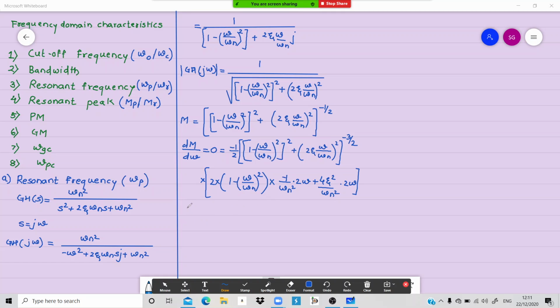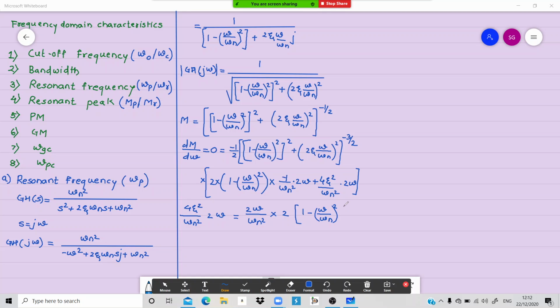So what I can write, 4 zeta square upon omega n square, 2 omega is equal to, I'll just combine all these things, minus will not be there because it had gone, so it is going to be 2 omega n square into this term 2 into 1 minus omega upon omega n, bracket square, correct?